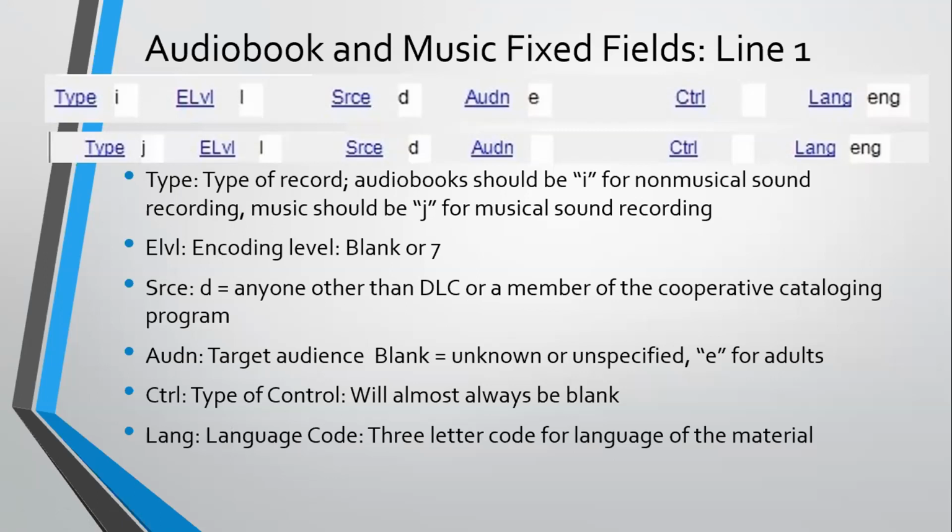This can also be for sound recordings with incidental music, so something where someone is speaking, but there's music maybe softly in the background, or even things like bird calls or the sounds of the ocean, anything where music is not the primary focus of the recording. But if music is the primary focus, then we'll use code J for a musical sound recording.